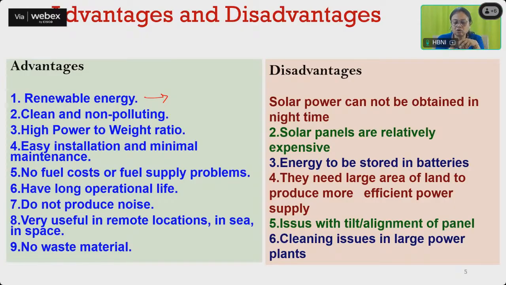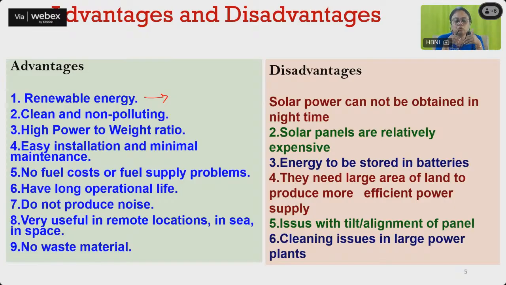But obviously it has some disadvantages, like solar power cannot be obtained at night time, and panels are relatively expensive. We will be coming to that part. And energy has to be stored in batteries. It is not plug and play. You are getting the solar energy, but you cannot just have a panel and light your bulb in the household. It has to be stored in a battery, and from the battery you can use it.